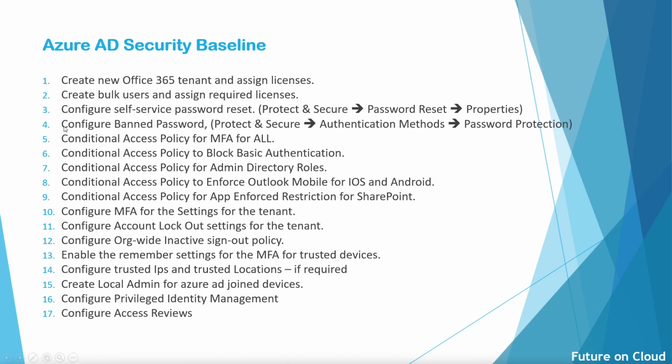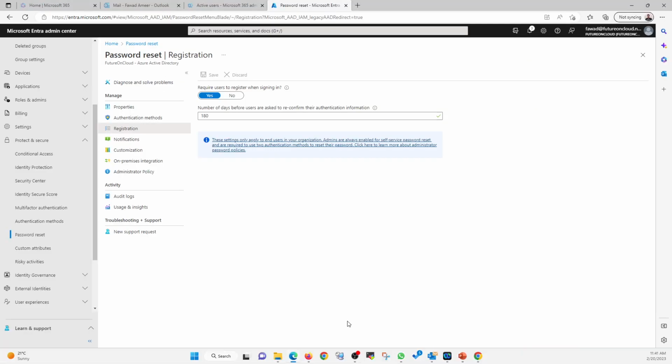Let me show you another option, which is about banned passwords. Banned passwords are common passwords which can be compromised easily, like admin@123, password, these kinds of passwords which you have to restrict in your environment in order to secure your production environment, productive emails, right?